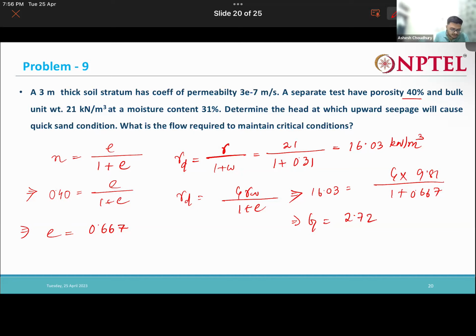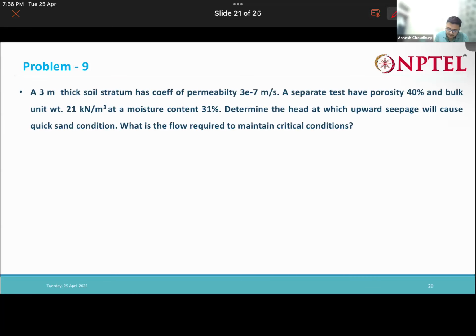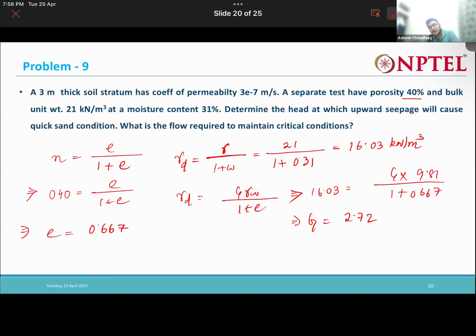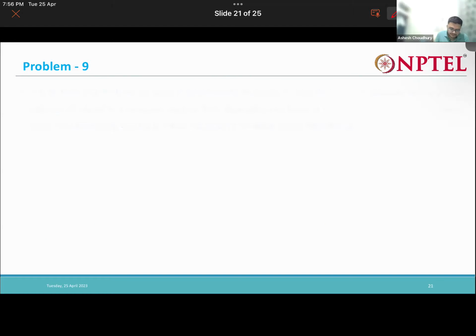Now, can you recall the formula for critical hydraulic gradient? Critical hydraulic gradient means the hydraulic gradient at which quicksand condition occurs, right? Means the effective stress will become 0. So I can write i critical is equal to, no, actually it's not gamma d, it's gamma submerged by gamma w, right? So it is (G minus 1) by (1 plus e).